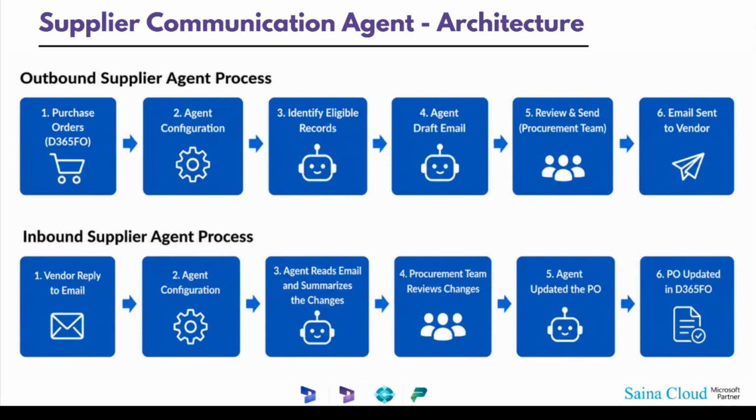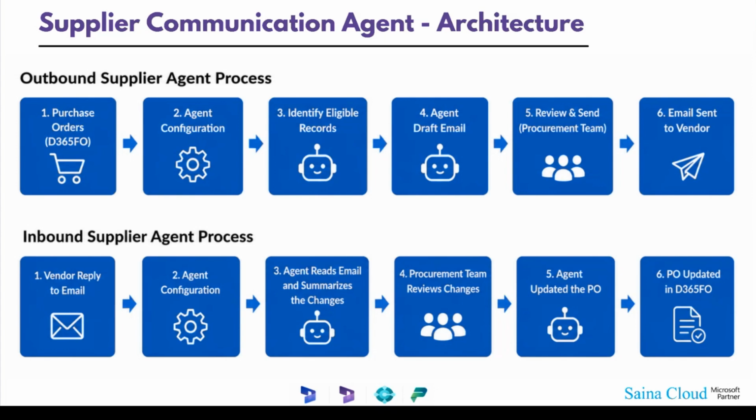Here also, you don't want to chase the mails or the purchase orders. You just configure the agent, give it the configured mailbox, and sit back and relax. The agent reads the vendor mails, understands the intent and key insights, and summarizes whatever the vendor is trying to communicate.